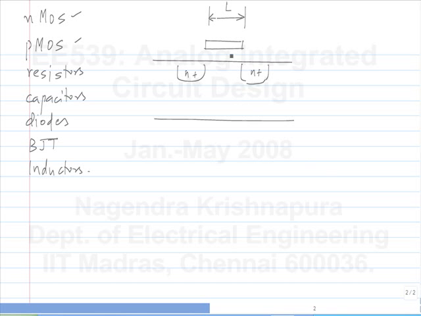And if you look at the plan view, the diffusion areas have a certain width. That is the width of the MOS transistor. So we'll see a little bit later how to lay out these things properly. And PMOS is similar.